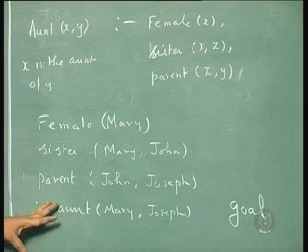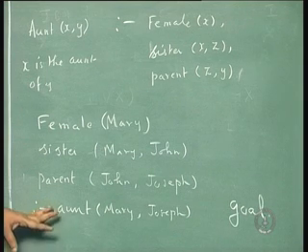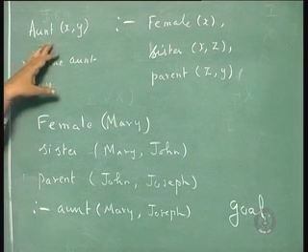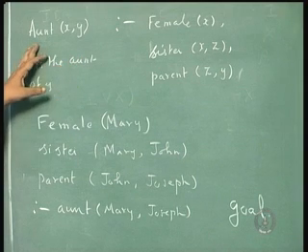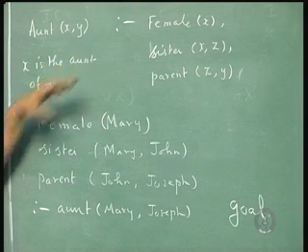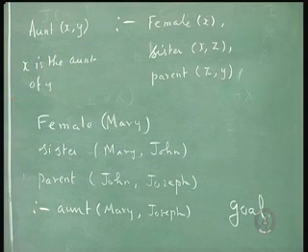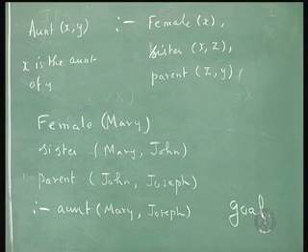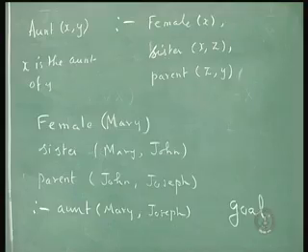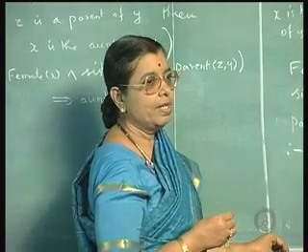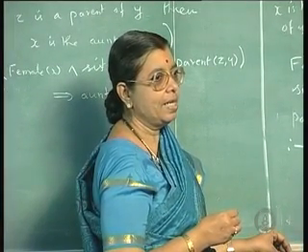When it searches aunt, it finds a rule like this, so it will try to instantiate that particular rule. We have already seen what is meant by universal instantiation, universal generalization, existential instantiation, etc.